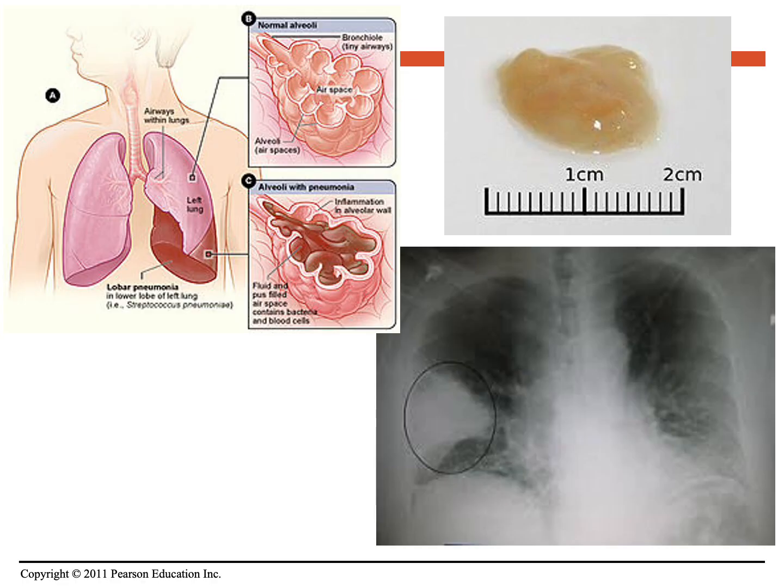This is an example of rusty colored sputum, and this is a normal bronchiole and a bronchiole filled with fluids composed of bacteria and phagocytic cells.